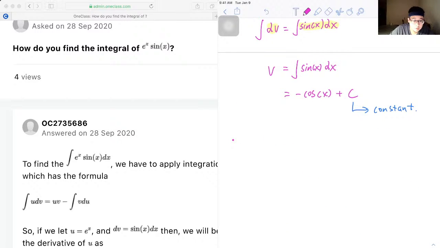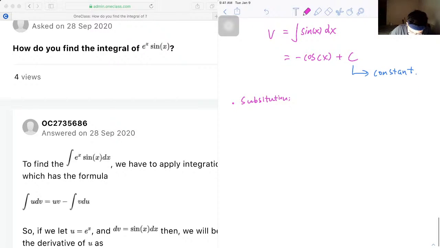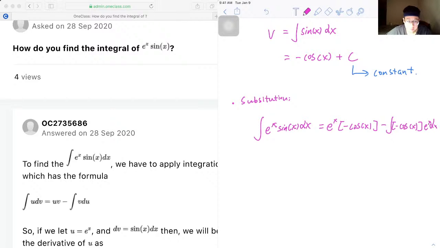And our last step would be to substitute these values in the formula for integration by parts. So substitution. We will have integral e^x sine x dx equal to e^x times negative cosine x minus integral negative cosine x e^x dx.